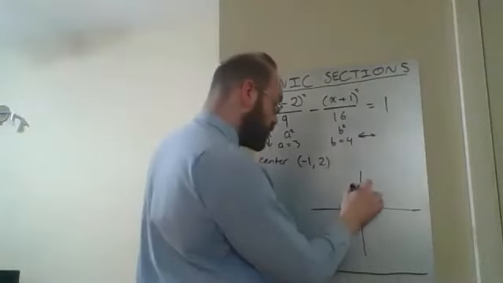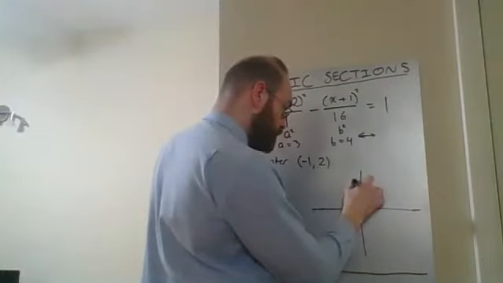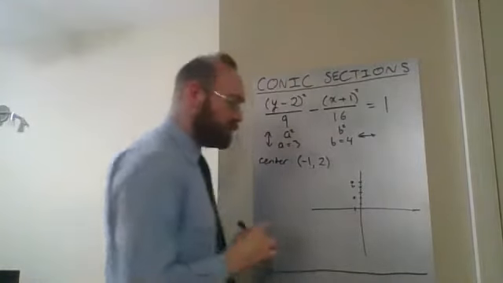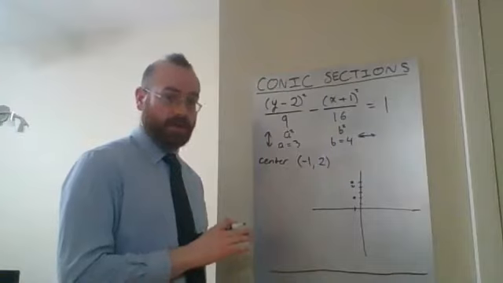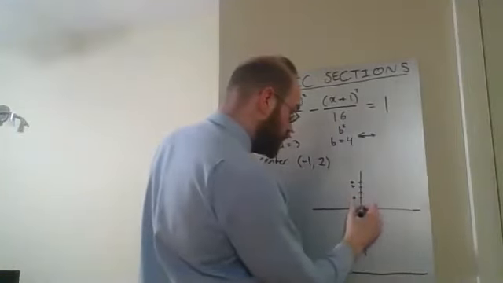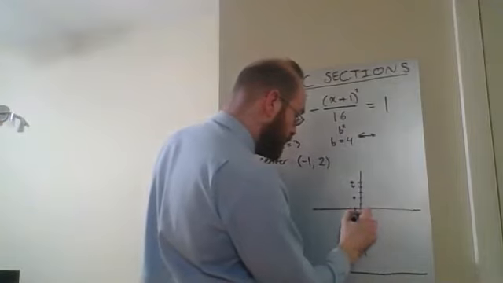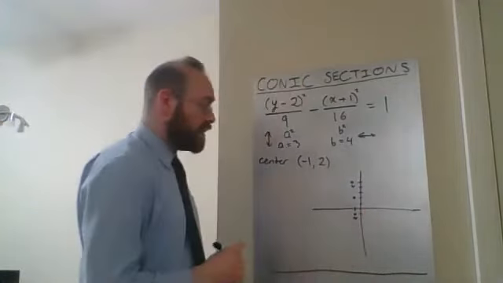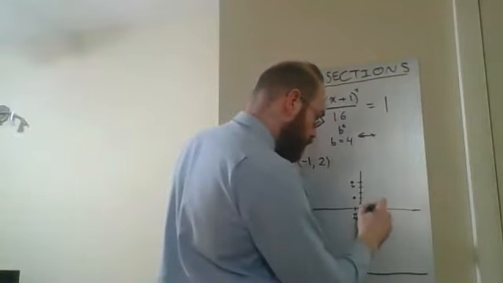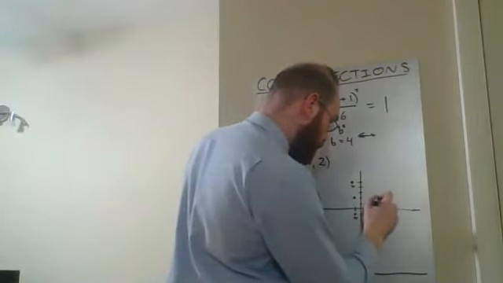So I'm going to start by going up 3. So that's 1, 2, 3. And then I like to put a V in the vertex so I know where it's going to be. Then I go down 1, 2, 3. This is my other vertex. And then I move left and right 4. So 1, 2, 3, 4.